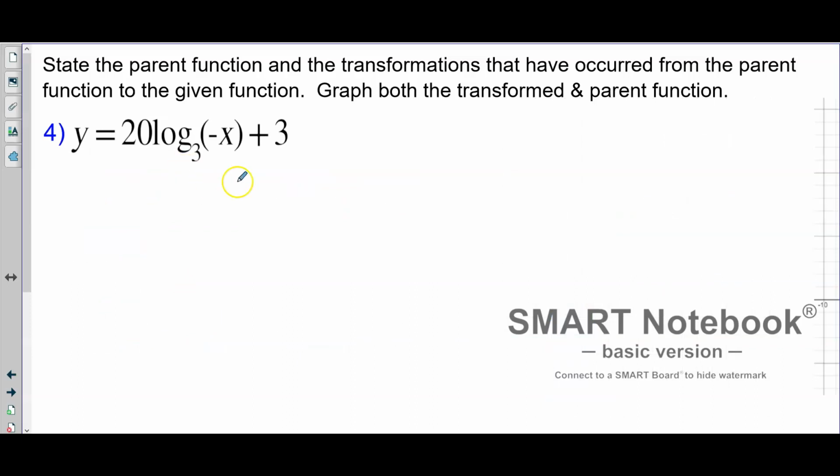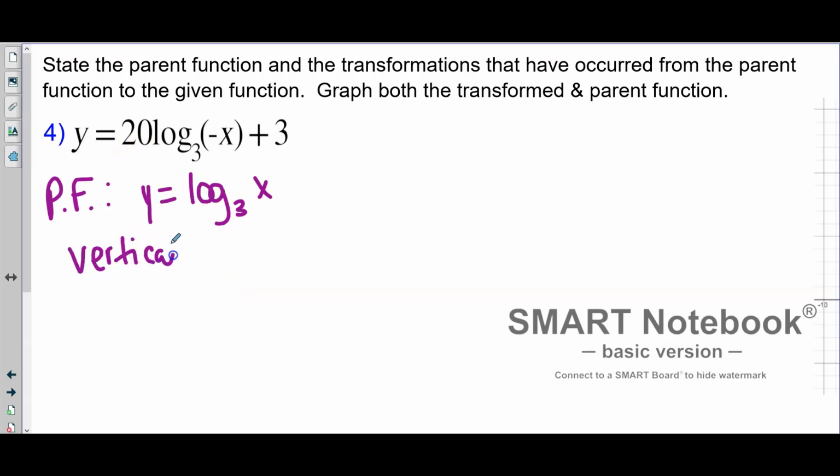Okay, so we're again given the same information for our parent function. We have y equals log, this time it's base 3 of x. For our transformations, that 20 gives you a vertical stretch. Because we negated the x, it's going to reflect over the y-axis.